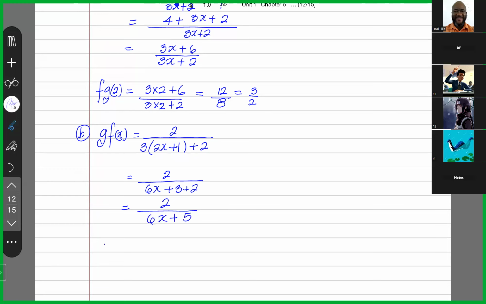Then we're asked to find g of f of 3. To find g of f of 3, in g of f, wherever I see x, I'm going to replace x with 3. So this is 2 over 6 times 3 plus 5. 6 times 3 is 18. 18 plus 5 is 23. This is 2 over 23.